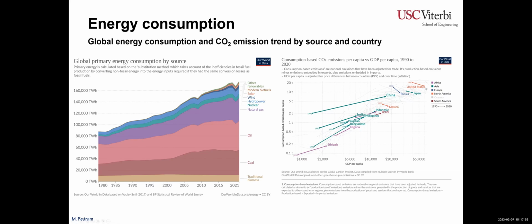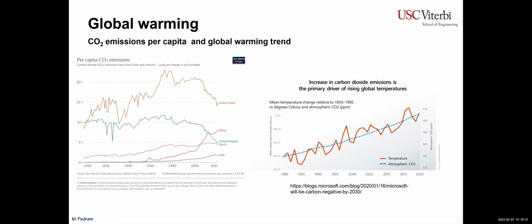You can see from 1990 till about 2020 or so, U.S. has reduced its consumption-based emissions. Same with Japan, Russia, Mexico, but China, you can see, is an increasing trend, and many of the other developing countries are also in the same situation, including Brazil, for example. So that's a worrisome trend.